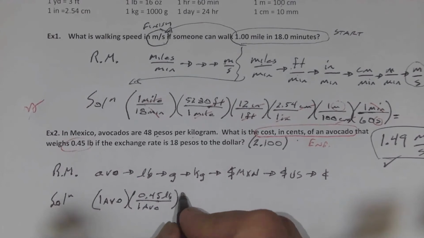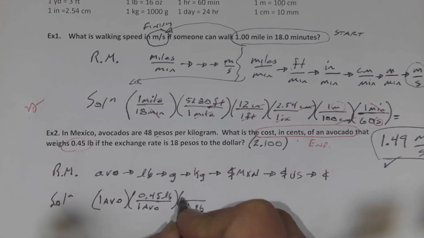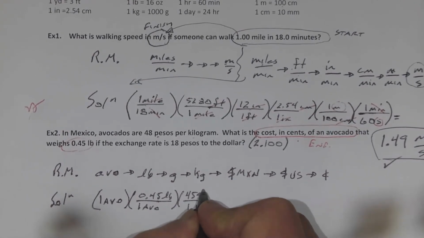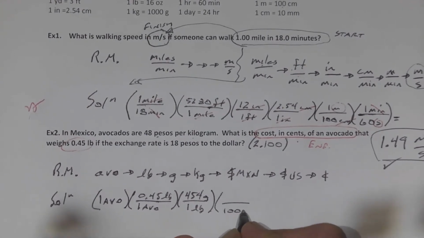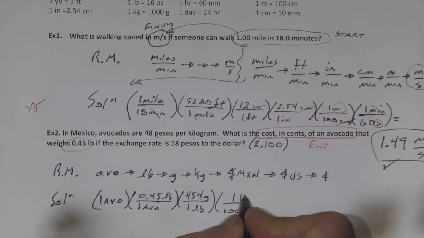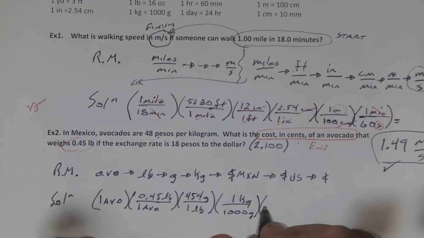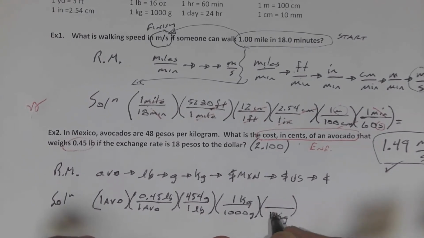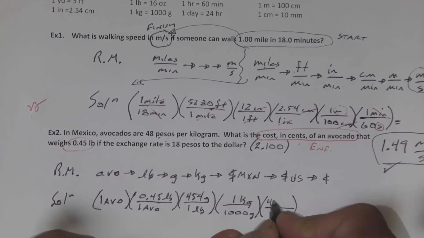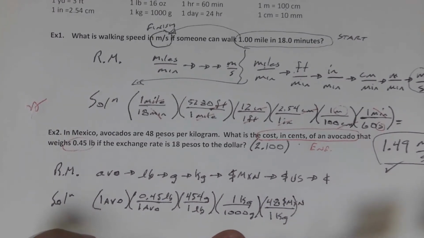Okay, 0.45 pounds, I need to go ultimately to kilograms, so I have that 1 pound is 454 grams, and that 1,000 grams is 1 kilogram. So that gives me kilograms. Then I have that 1 kilogram of avocados from Mexico is, what do we say, 48 pesos MXN.